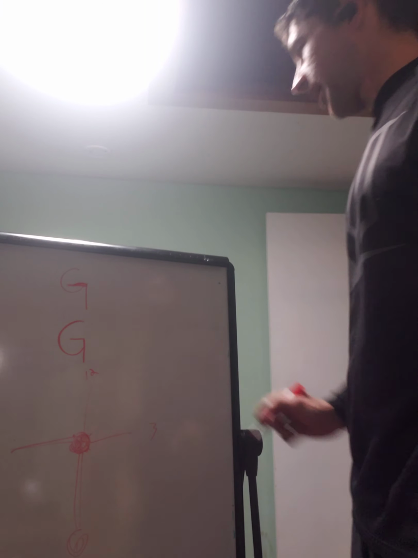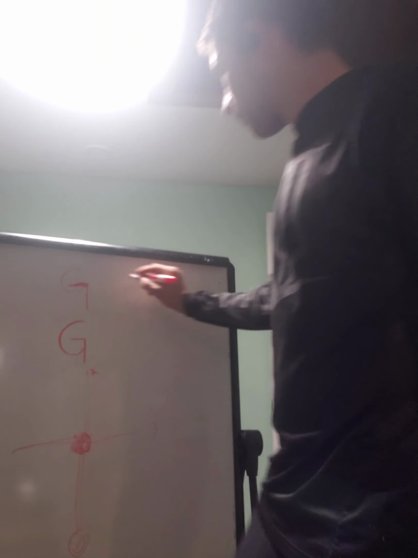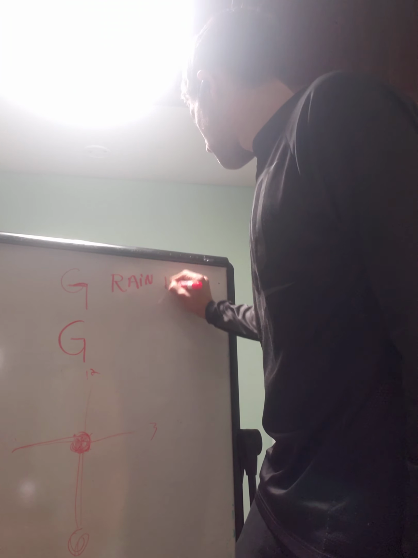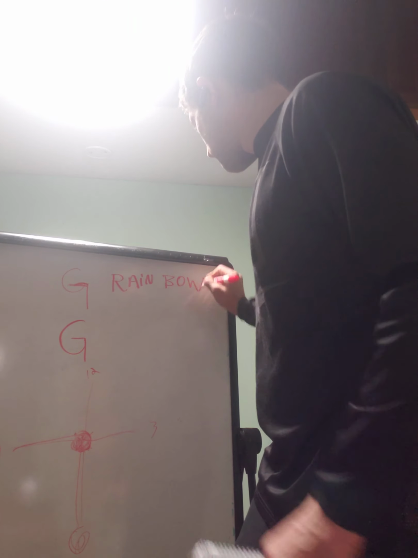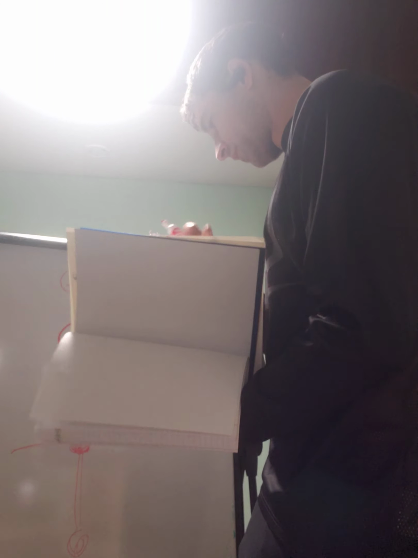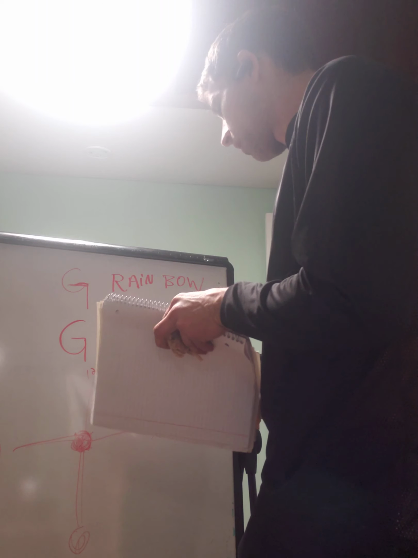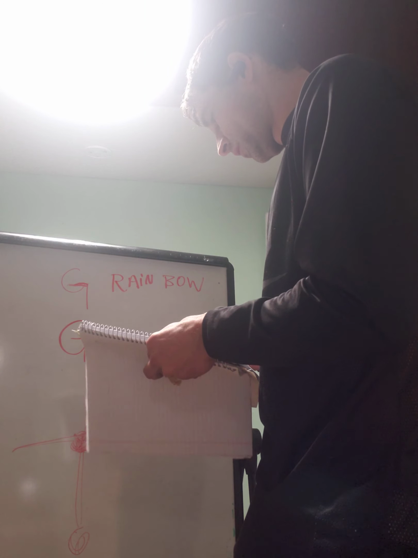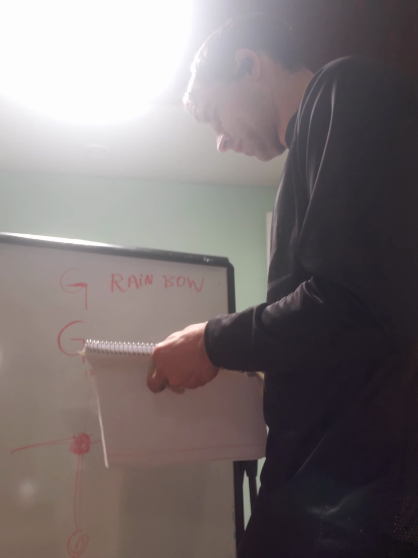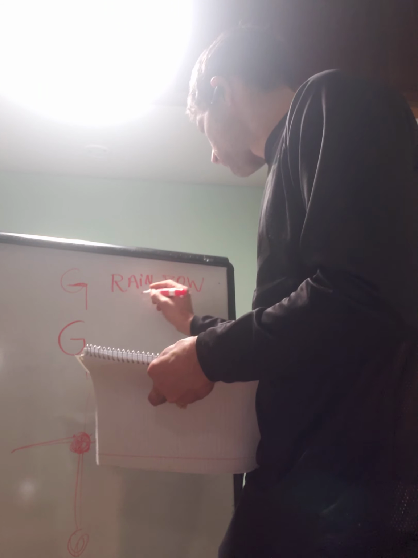So, what happens, the rainbow, rain breaks down to 6 rather.